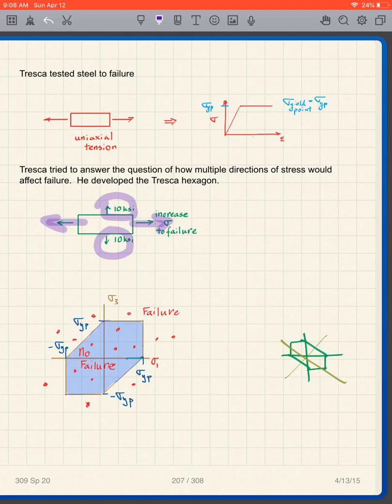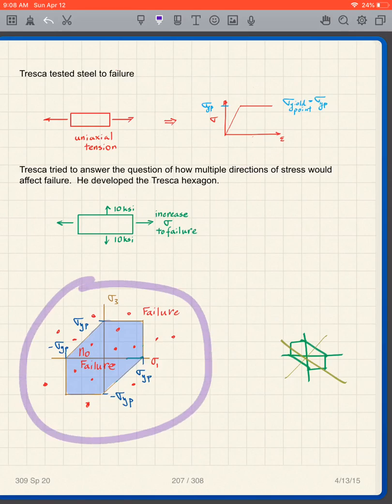Would I get a different result? In other words, would I end up with this same sigma yp? That's the question that Tresca wanted to answer. And so he tested steel under a lot of different conditions. And his end conclusion was this hexagon.